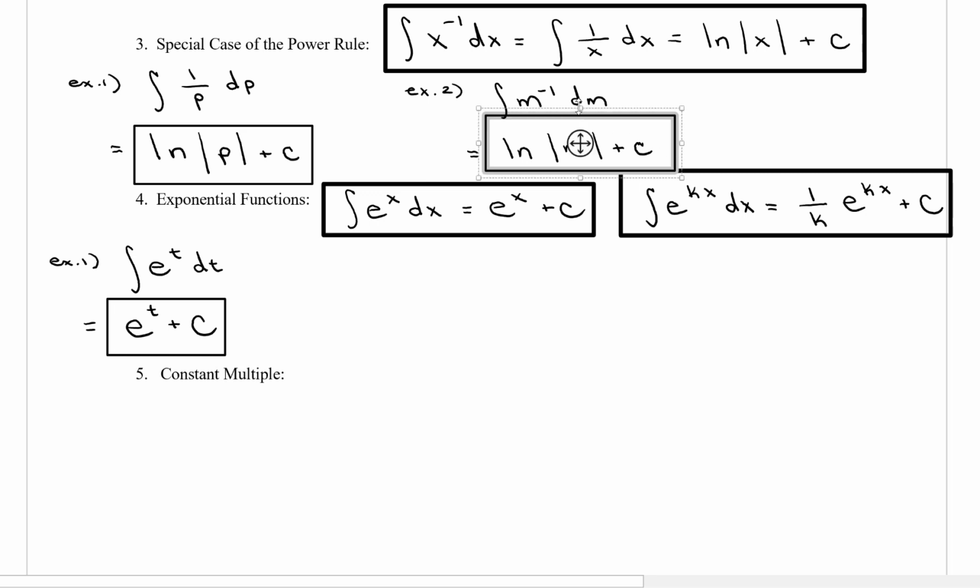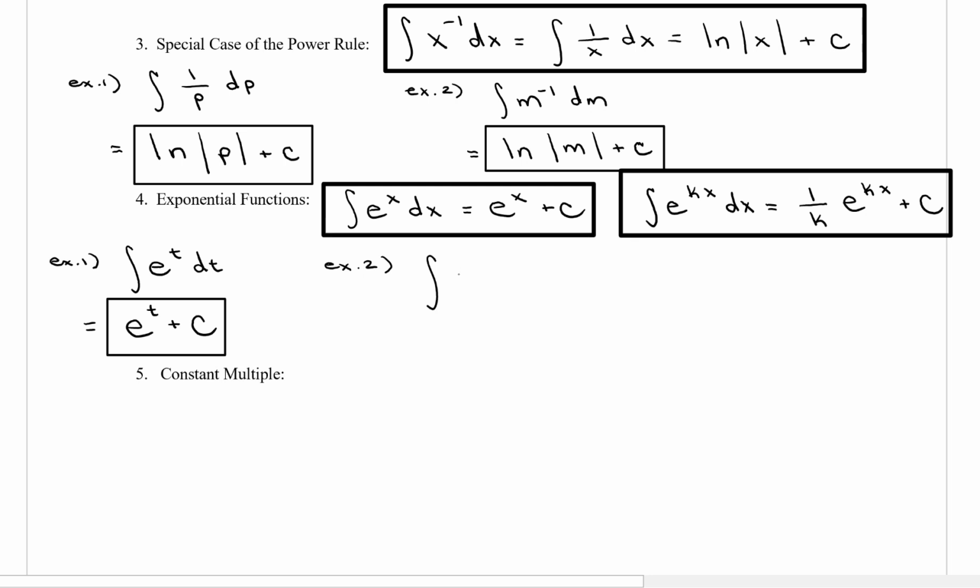That way the boxes around the rules are thicker and they stand out more, so you can see what the rules are in comparison to the examples that we've done. And that way I think it'll be easier to tell the difference between the two. Okay, let's go on to our next example.